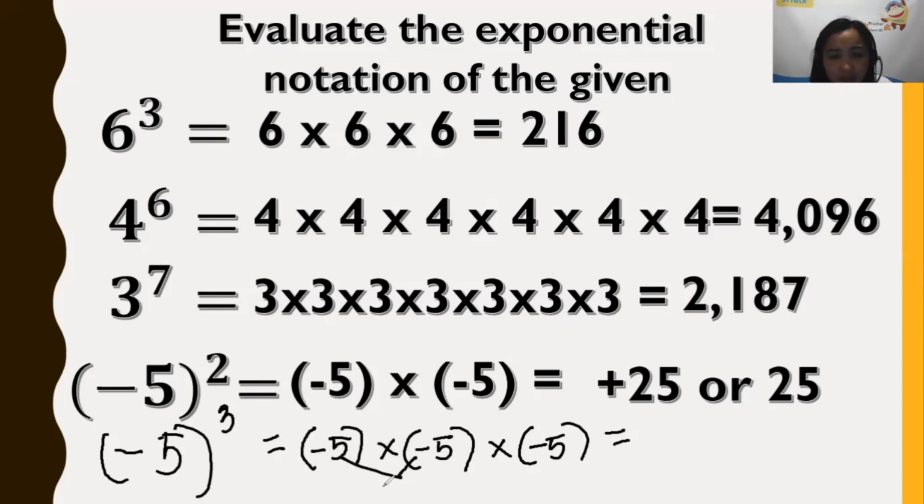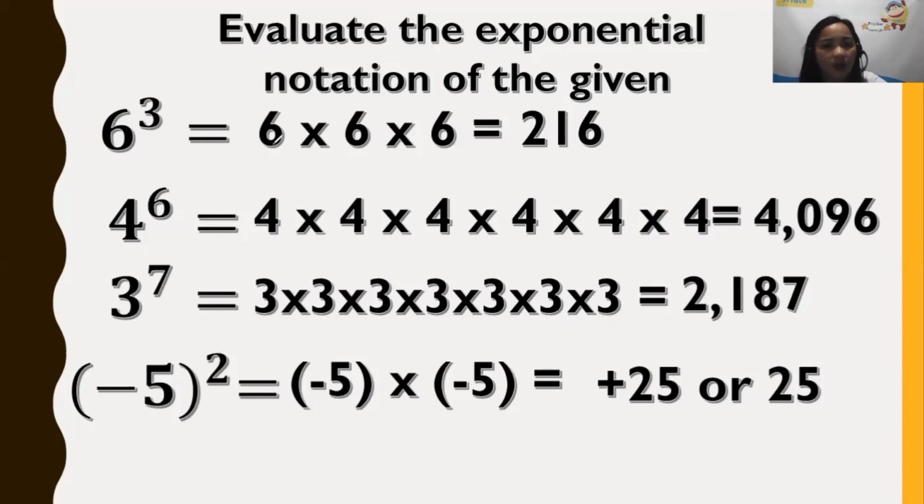Negative 5 times negative 5, that is positive 25. Eh, meron pang isang negative 5. Kung mapapansin nyo, we have positive times negative, automatically negative ang magiging sagot niyan. So, we have negative 125. Kasi negative times negative is positive. Positive times negative is negative. So, matututunan nyo din ito when the topic is integers, operation on integers. Okay, now let's proceed to the next slide.